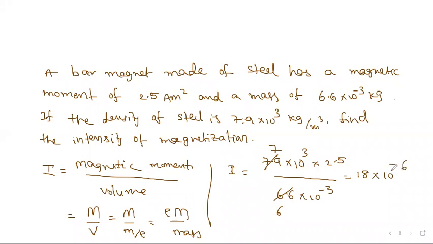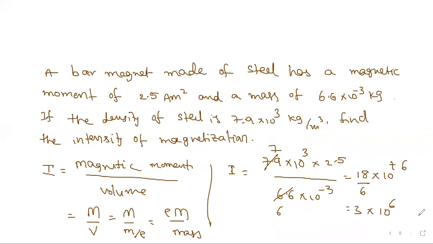Finally, 3.46 comes. This by 6. So this is nearly 3 point something into 10 power minus 6 plus 6 plus 6 only. So nearly 3 into 10 power 6.